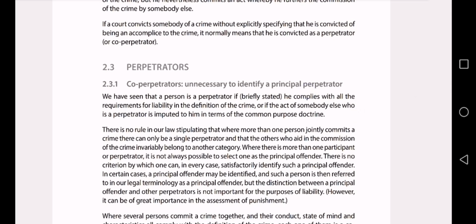If a court convicts somebody of a crime without explicitly specifying that he is convicted of being an accomplice to a crime, it normally means that he is convicted as a perpetrator or a co-perpetrator.